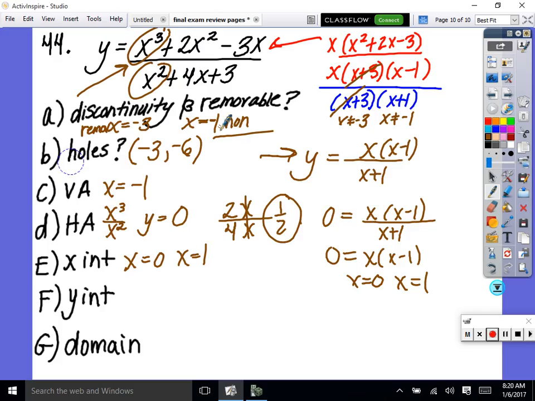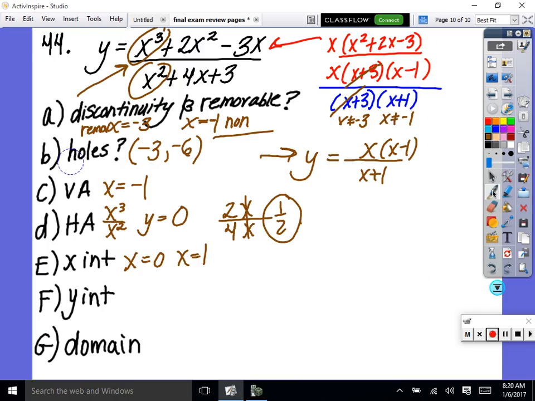Our y-intercept is when x equals 0, so I'm going to go back here. Instead of plugging in y equals 0, we're plugging in x equals 0, so y equals 0 times 0 minus 1 over 0 plus 1. So we have 0 times negative 1 on top, which is 0, divided by 1, which is 0. So our y-intercept is at 0.